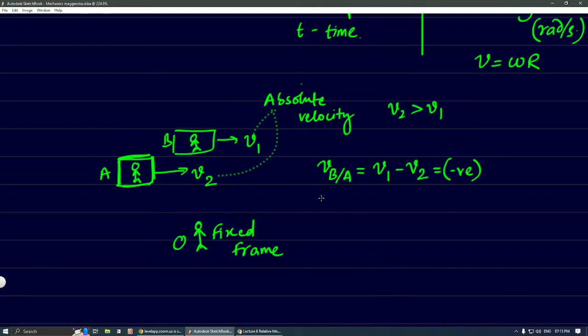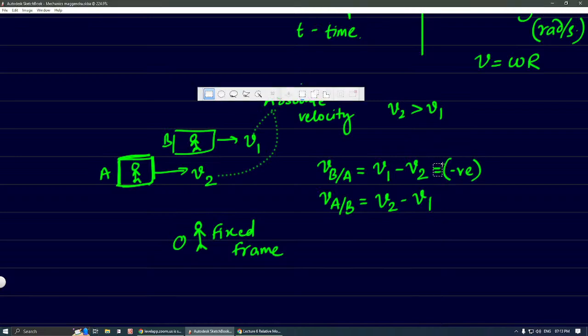And if you want the velocity of A with respect to B, that means now B is observing A. When B is observing, A will be slowly moving in front because it is overtaking. And that velocity will be V2 minus V1. Correct? And will we get a positive or negative value? Positive. Understood the relative velocity?